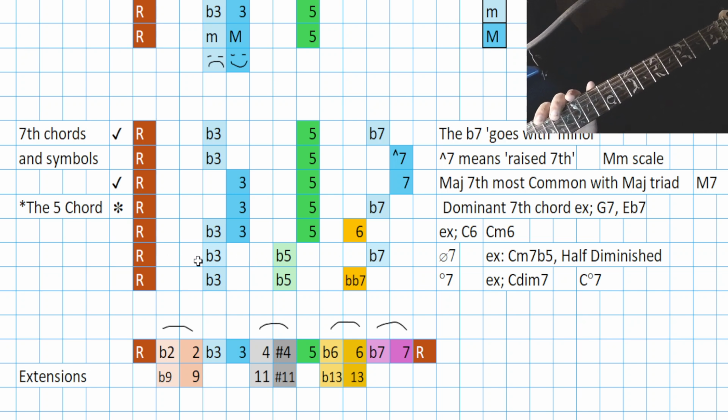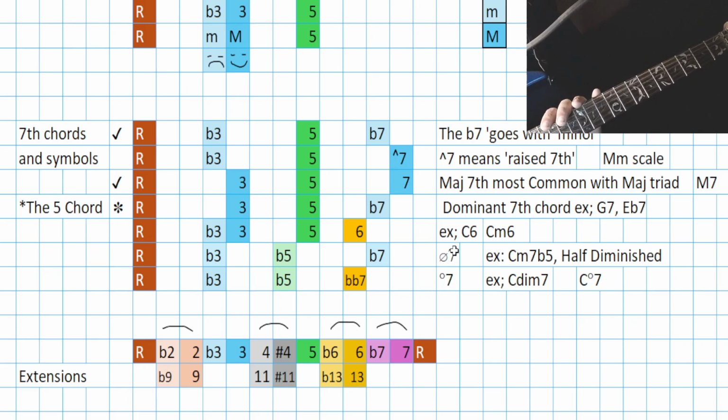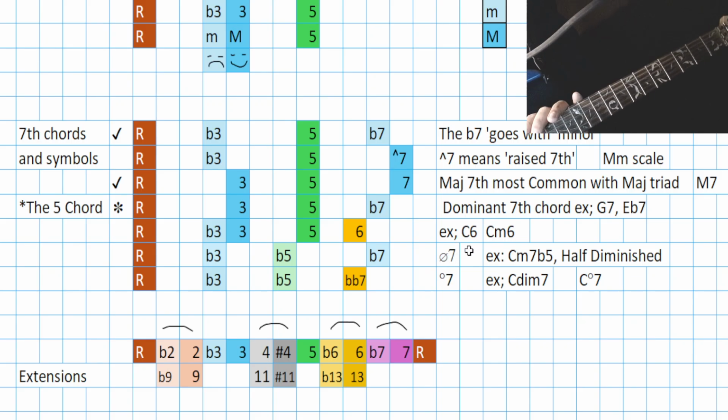All right, so root, flat 3rd, flat 5th, flatted 7th. You're going to see it symbolized with this symbol. This circle is diminished. When you put a line through it, it's saying half diminished. Okay, that makes some sense. And the spelling of a half diminished chord, that means it's not fully diminished.